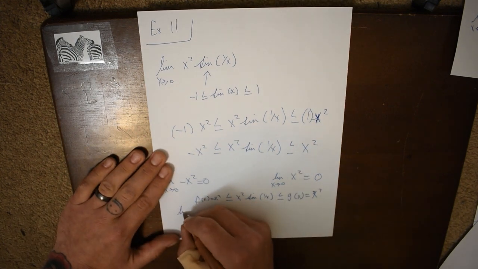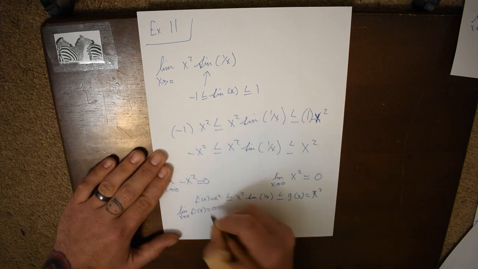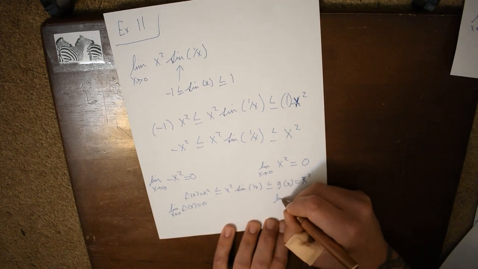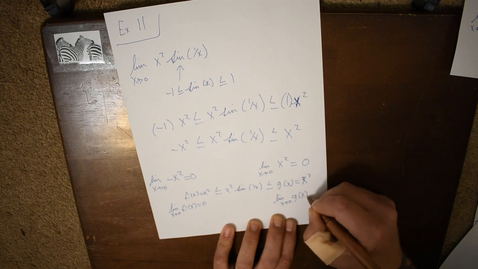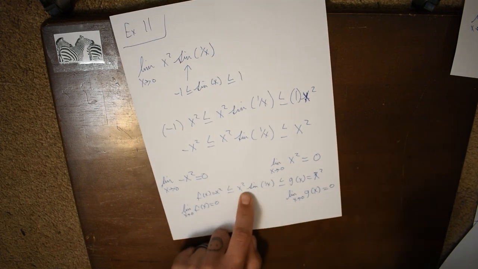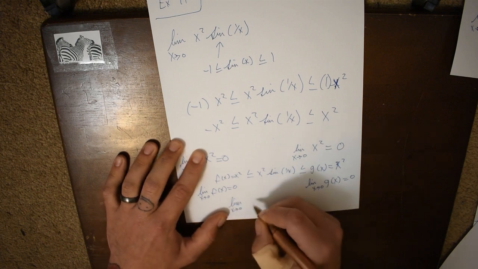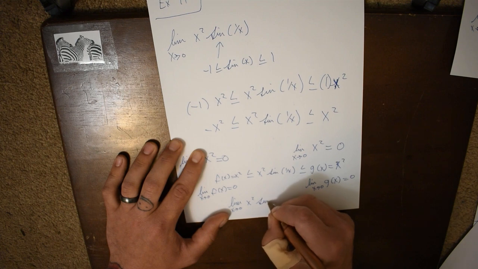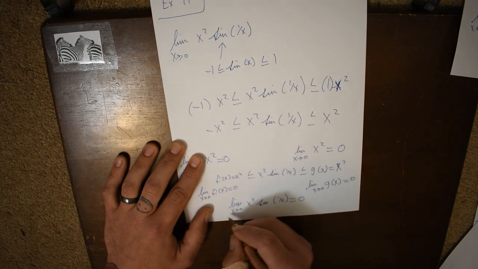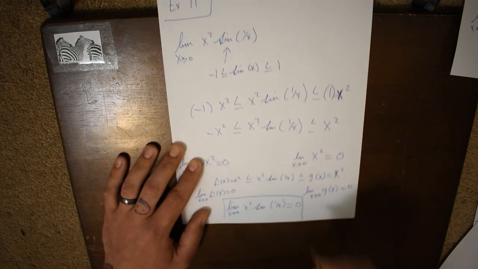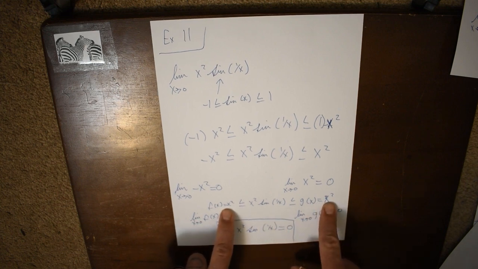We know that the limit as x approaches 0 of f of x is equal to 0, and the limit as x approaches 0 of g of x is equal to 0. That means this thing in the middle, the limit as x approaches 0 of x squared sine of 1 over x, also has to equal 0 for our final answer. We were able to squeeze this function in between these two functions.